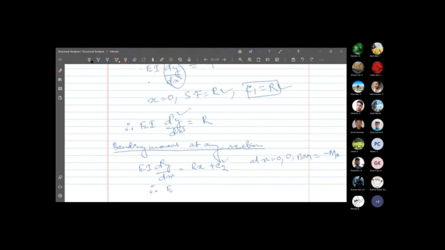So this implies C2 equals to minus MA, so this implies EI into d square y by dx square equals to Rx minus MA.